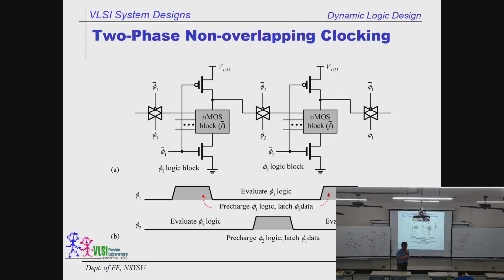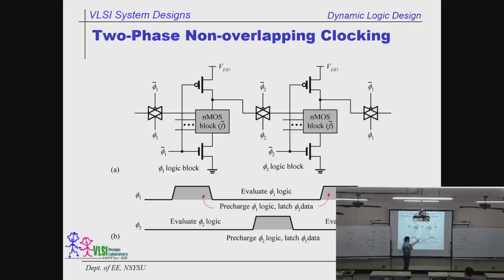They cannot be directly coupled together unless you have an inverter in between so that it becomes static. So you have to ensure that at any given time, one of the two transmission gates is on. The other one must be off.